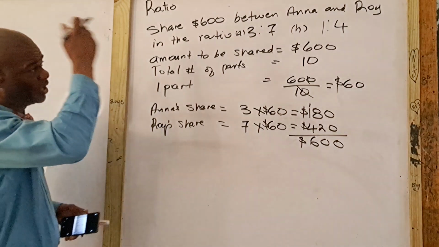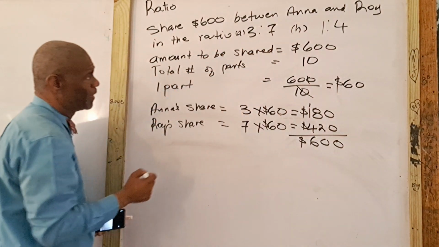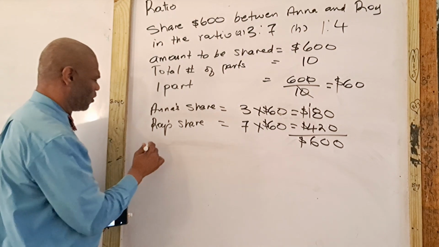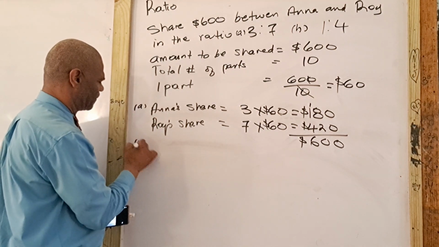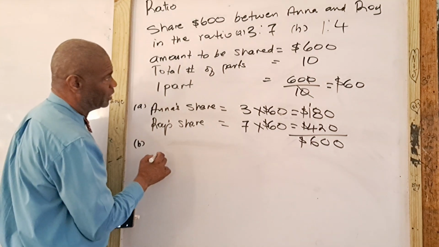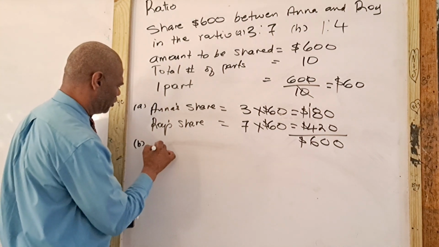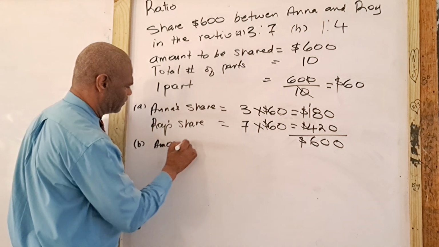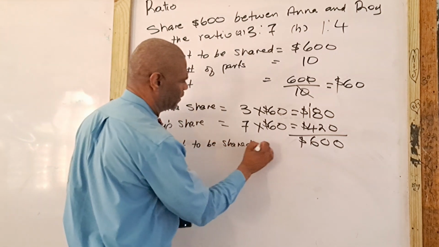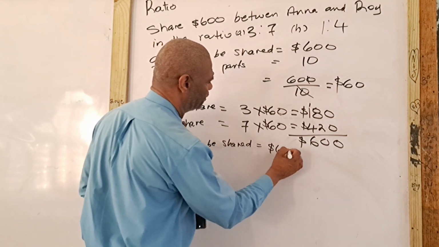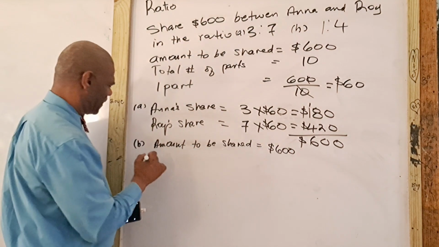Alright, so let's share it in the other ratio. So it's 1 to 4. So that's A, B. Amount to be shared equals $600. Right?